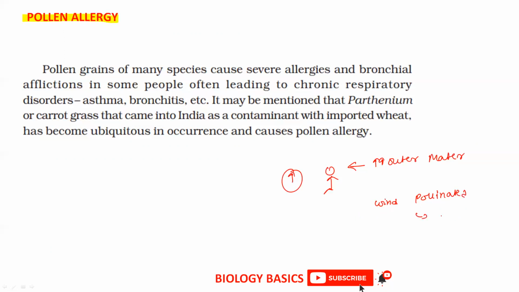In them, pollens are generally released in high concentration. So because of this, if a high concentration of this pollen goes inside your body, it will generally what? Elicit an immune response that is known as what? Pollen allergy.